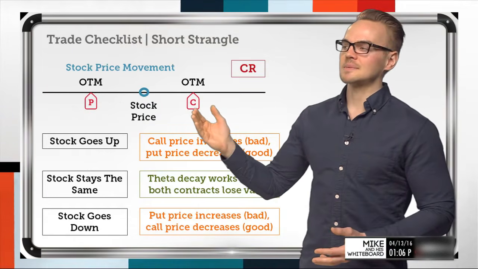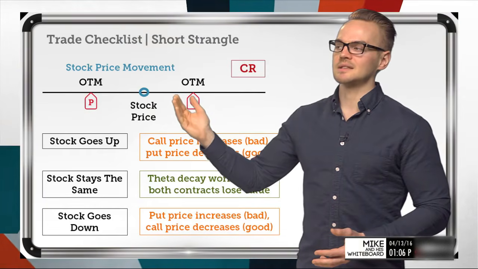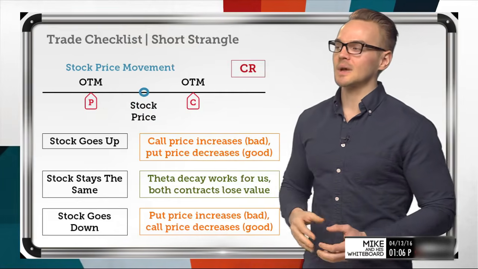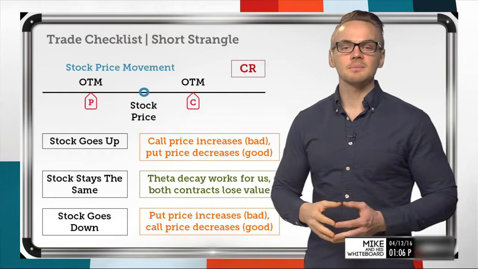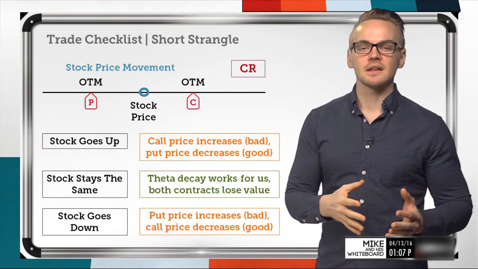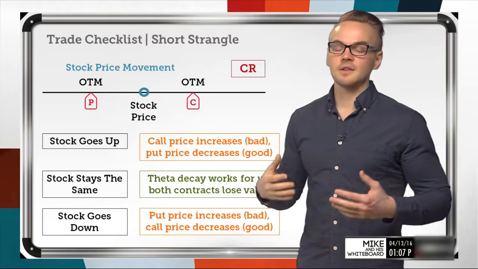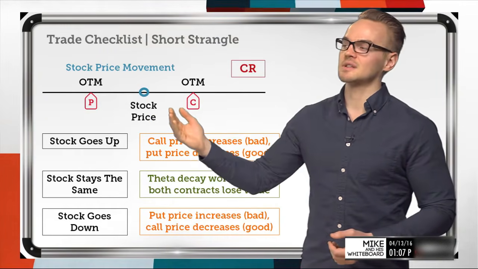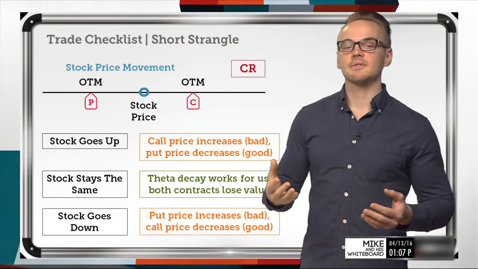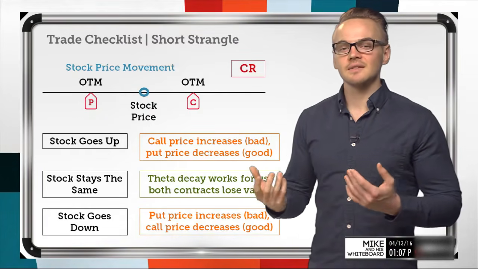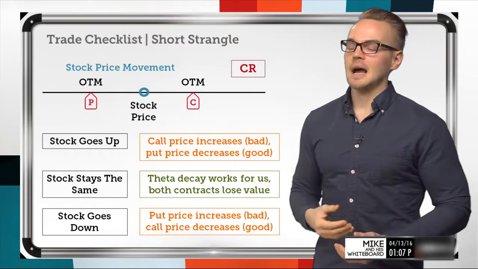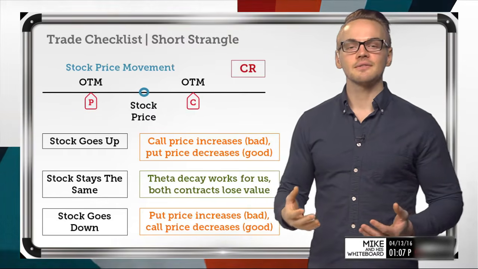If we have a call option that's losing a little bit of money, maybe the stock price is right here, still within our short strikes, and we see the put option winning, then we're probably going to be in close to a zero P&L, maybe a little bit in the red, or maybe if enough time has passed and the stock price has moved just a little bit up, that time has decayed these options enough to put us in a profitable situation regardless. Because at the end of the day, we have to remember that if the stock price is between these strikes at expiration, I'm going to be able to obtain that full profit.